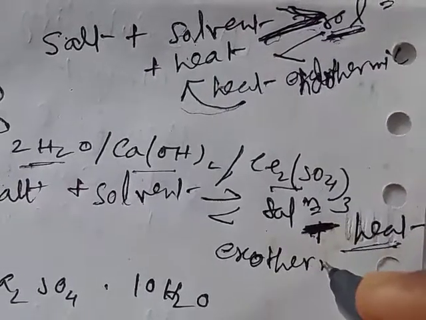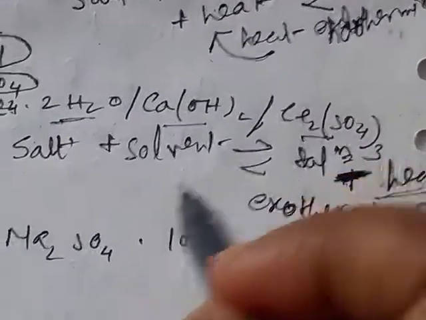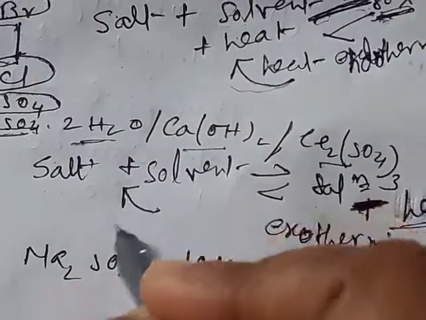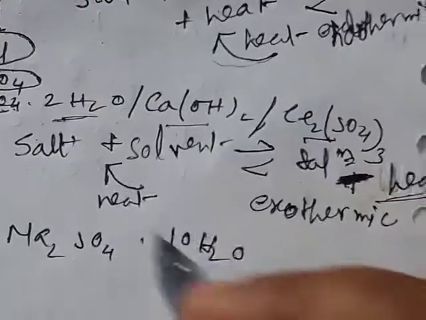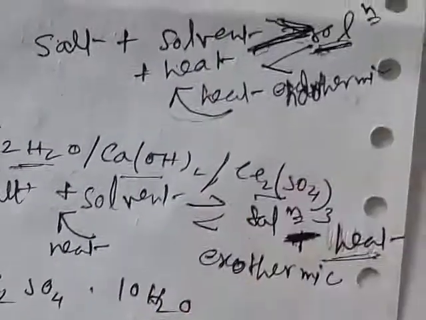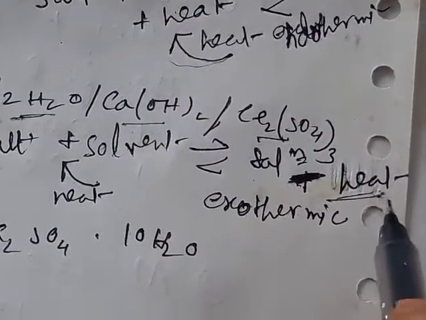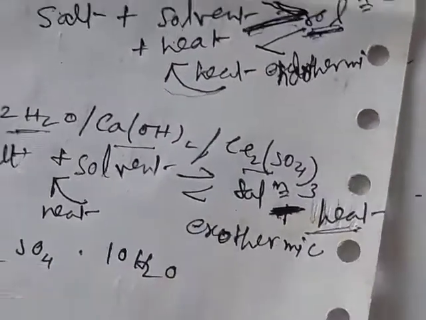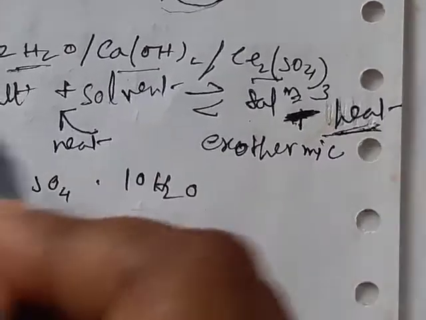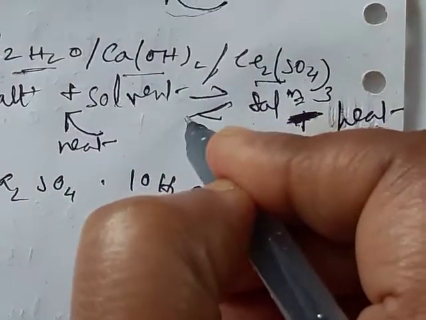Here heat is released. So in this type of reaction, if heat is given, the reaction will proceed in the backward direction, because here the heat acts as a reactant for the backward reaction.